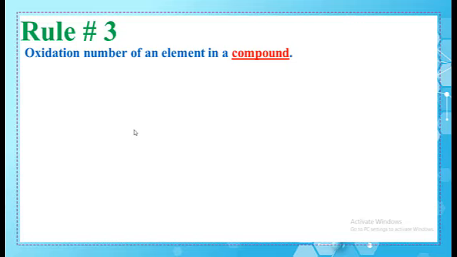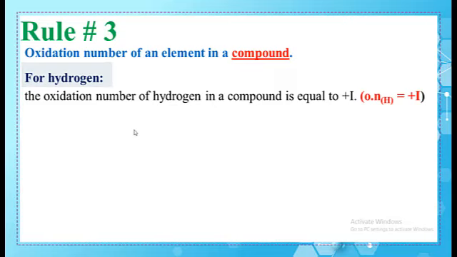Rule number 3. Oxidation number of an element in a compound. For hydrogen, the oxidation number of hydrogen in a compound is equal to plus 1. So always hydrogen found in any compound, its oxidation number is equal to plus 1. But if hydrogen is an element, sure, the oxidation number is equal to 0.